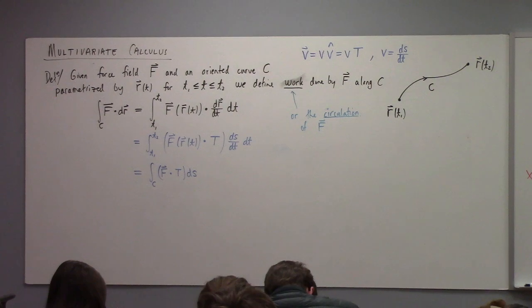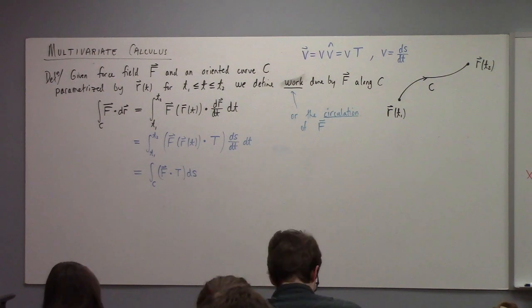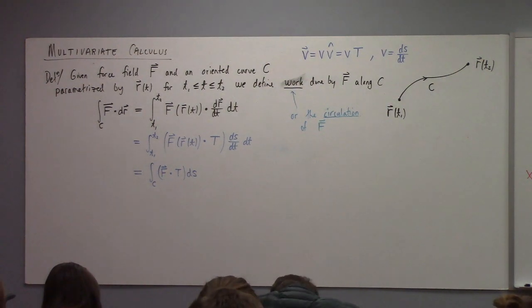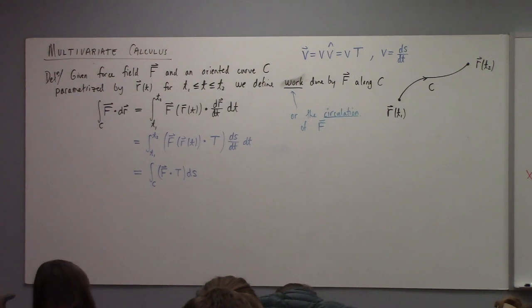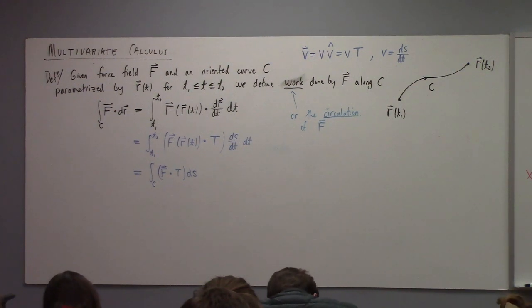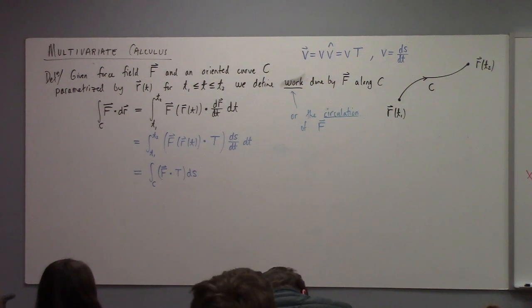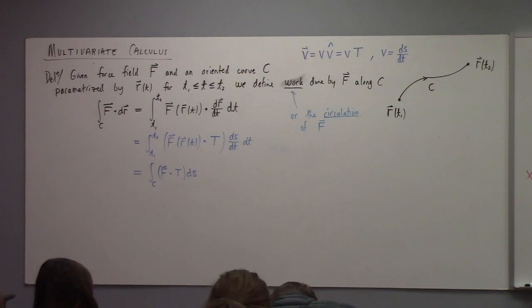Circulation really is more, for example, if the vector field you were integrating was actually a velocity field for a liquid, then this literally would say something about the circulation of the liquid. But if you look at this formula we have, geometrically, you guys tell me, what would happen if the force is perpendicular to the tangent vector field to the curve? What would that mean?